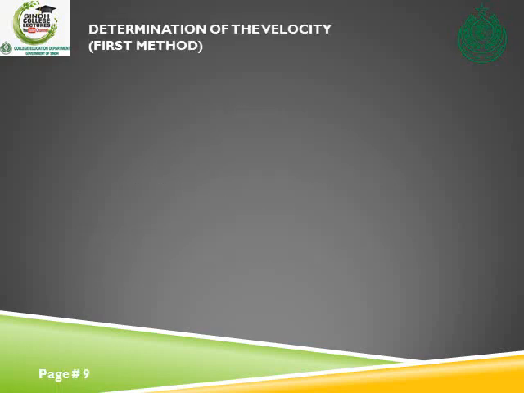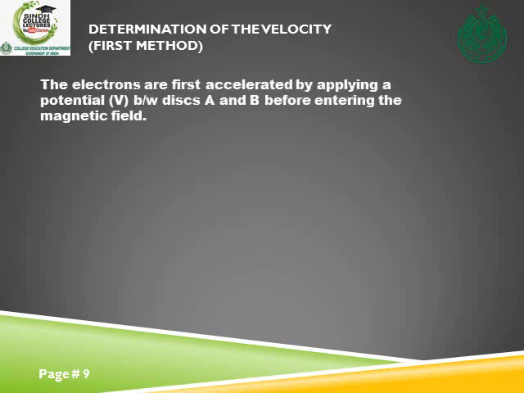Now we will determine the velocity of the electron in the J.J. Thomson tube by the first method. The electrons are first accelerated by applying potential V between disc A and B before entering the magnetic field. Now the kinetic energy acquired by the electron is equal to voltage multiplied by charge.